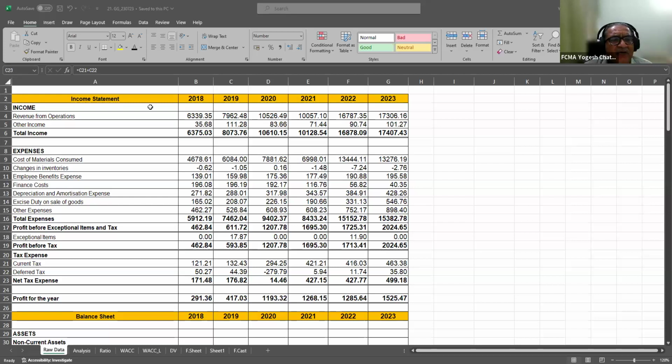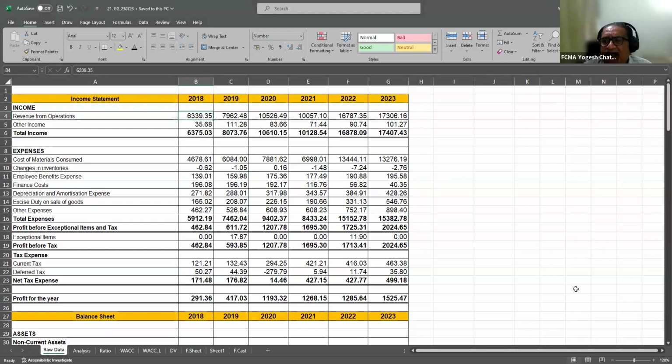So I hope my Excel sheet is visible to each one of you. And as you can see, what I have done here is taken the financial statement of a listed company. You all will appreciate that getting the financial statement of a listed company is not difficult.